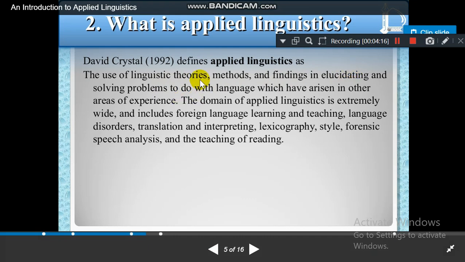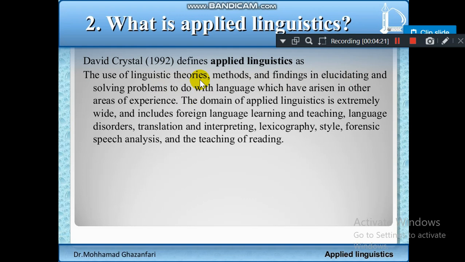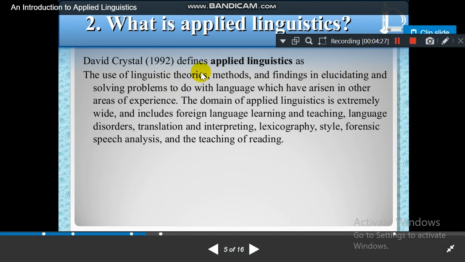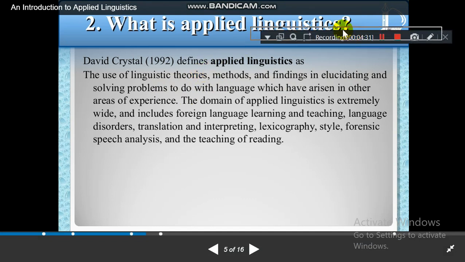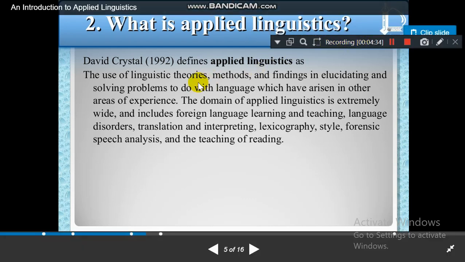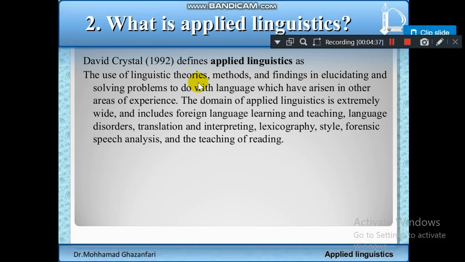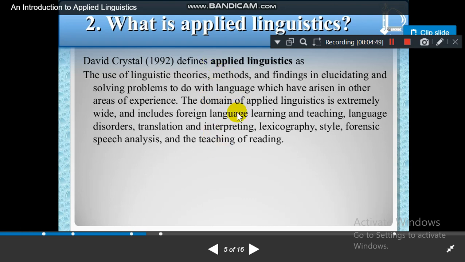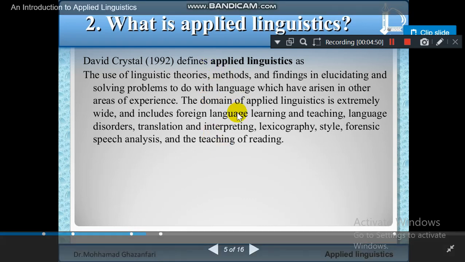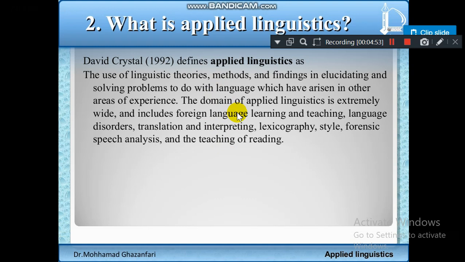And of course, there are many other examples of how linguistic theories and linguistic findings can be used in the field of applied linguistics to solve real-world problems. For example, we can say with phonetics, the IPA itself, again, in the domain of speech recognition, we have computers understanding human language and producing human language. Now, that is only possible if the computers know that speech is divided into segments called phones, or sounds, and they need to know the physical characteristics of each sound.